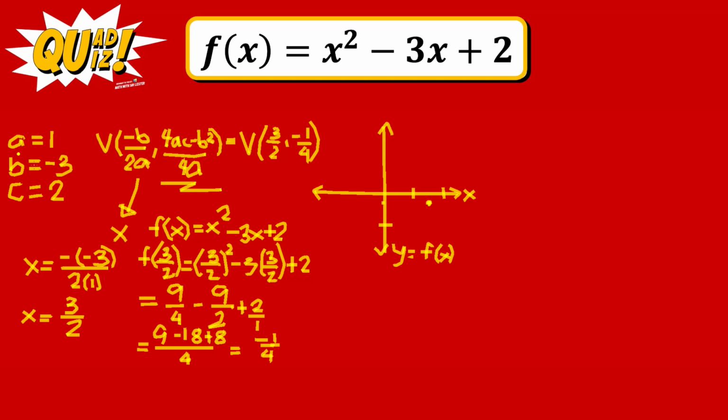If our A is a positive value, regardless of whether it's a fraction or not, we are automatically sure that our graph is opening upward. So probably it will look like this. From here to there, going to our point, it will change direction, it will go up. So this is the picture of our parabola.